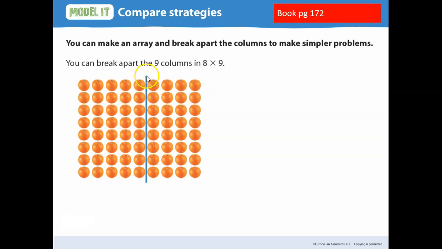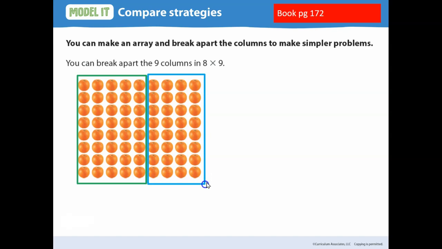And then they took this apart and made this array, and then they made this one. So what would be the multiplication equation for this array right here? 8 times 9?